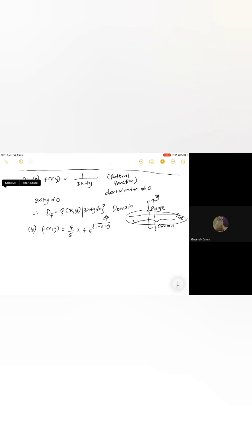Okay. So for B, for this one, your x can take a value from negative infinity until infinity, right? It can take all. For exponent, it can actually take all too, from negative infinity until infinity.